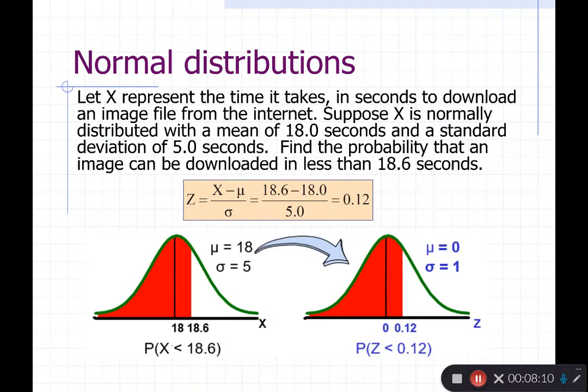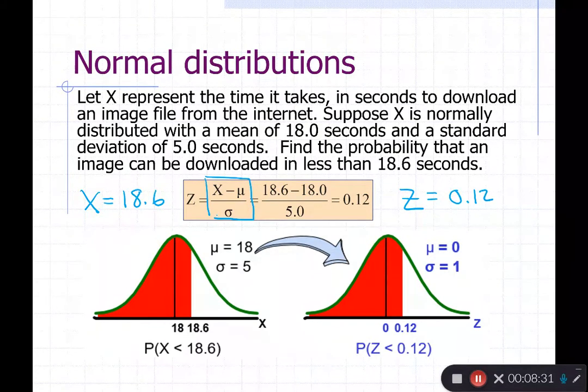Okay, so X equals 18.6 or Z equals 0.12. Again, we have our formula for z-score, X minus the mean, so 18.6 minus 18 divided by the standard deviation. Pop that into the calculator, you'll get 0.12. So we could use an X value, we could use a z-score.